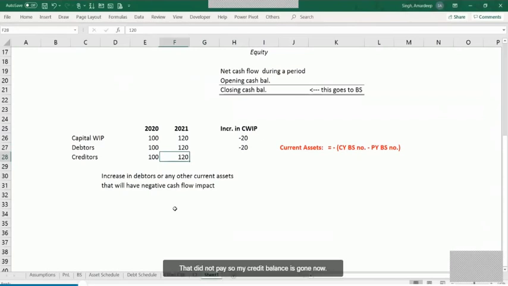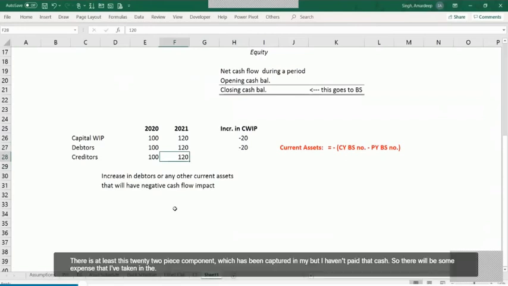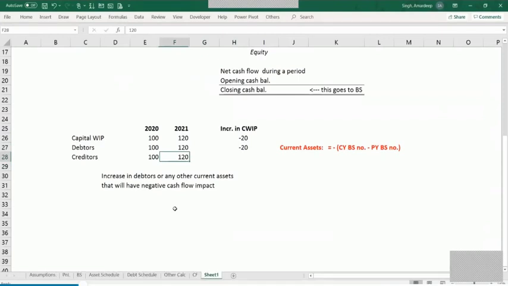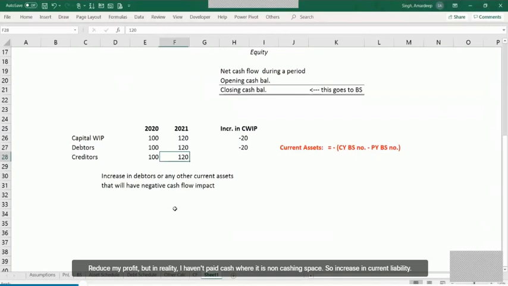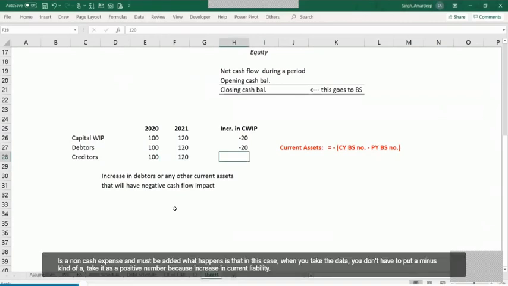So, my creditor balance has gone up. So, there is at least this 20 rupees component which has been captured in my P&L, but I haven't paid that cash. So, there would be some expense that I've taken in my P&L and I've deducted it to reduce my profit. But in reality, I haven't paid cash. So, it is non-cash expense. So the increase in current liabilities is a non-cash expense and must be added.